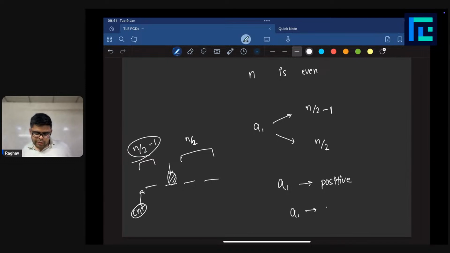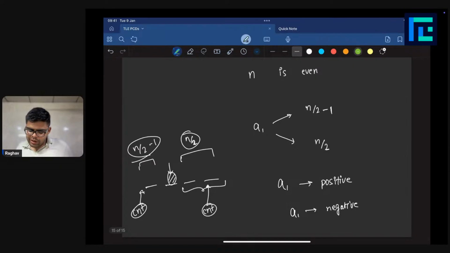Whereas if you keep a1 as negative, then all of these people who are smaller than a1 in terms of absolute value would actually be greater than a1. All of these people would be greater than a negative value of a1. So you would like to have all of them being greater than a1 because you have more slots here. You have n by 2 slots here.